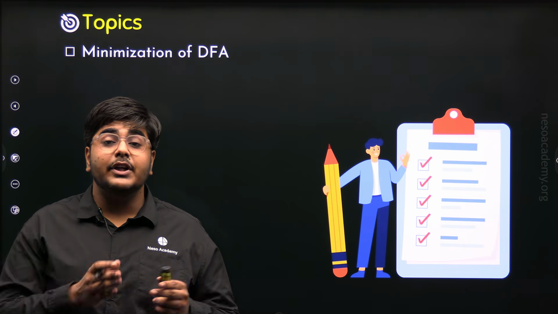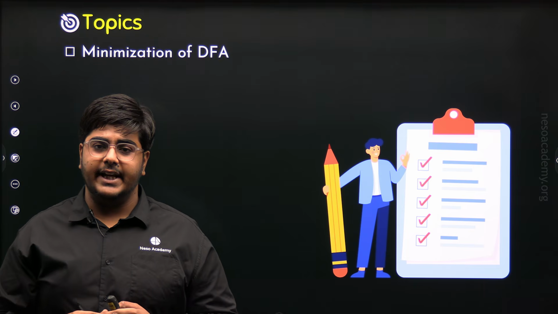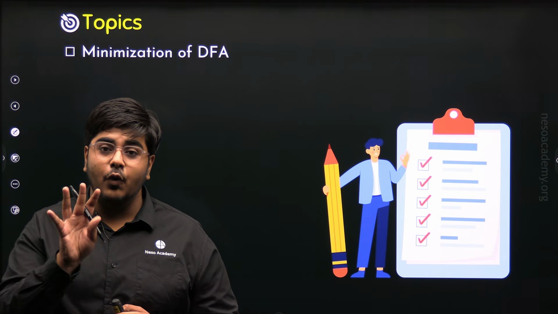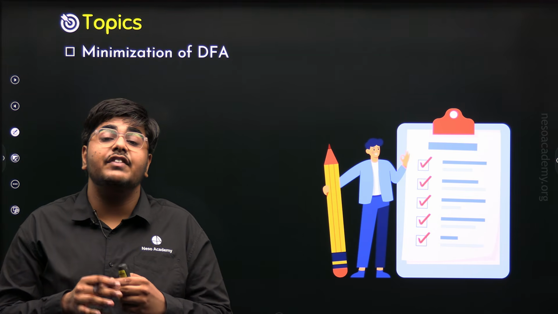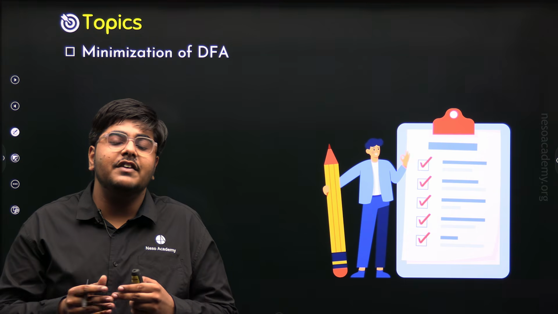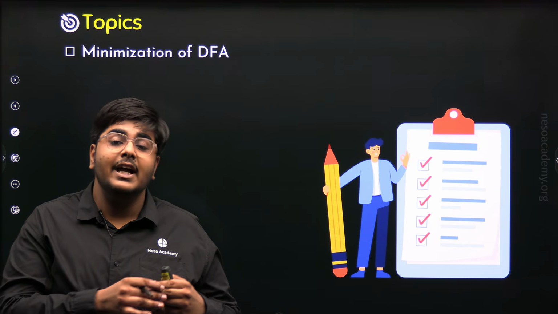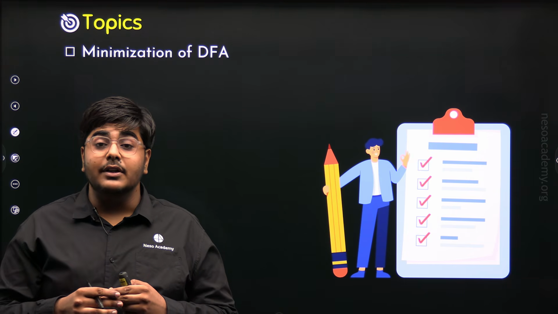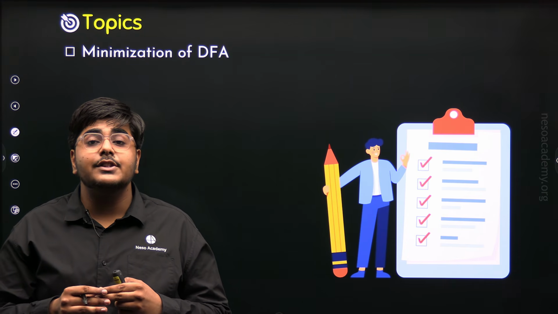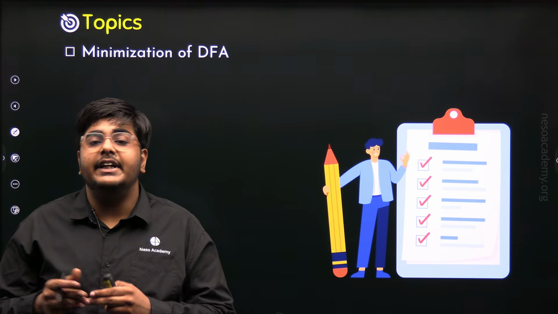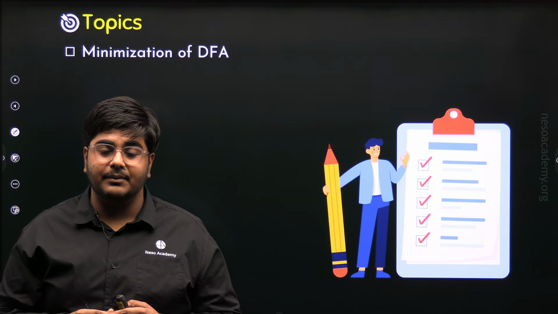Why? Because it has less number of states. That is 4. 4 is less than 5. That is why the DFA having 4 states will be more efficient as compared to the DFA having 5 states, because it will require less memory to get stored. Also, it will have less implementation cost comparatively.